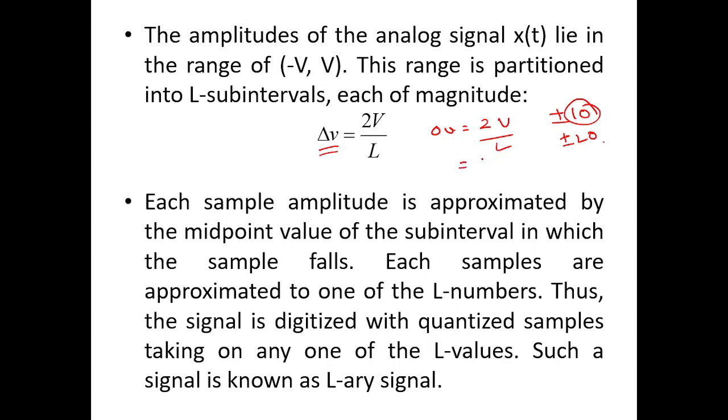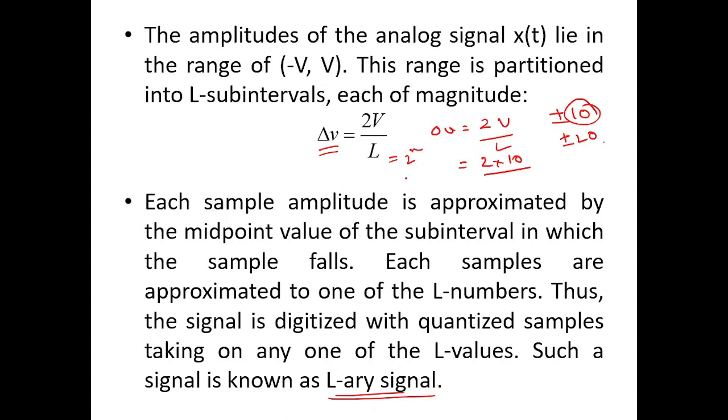So we will be getting 2 into 10. Then L means how many intervals you want. So based on that, we call it as an L-array signal. And usually it is having a value of 2 to the power n.